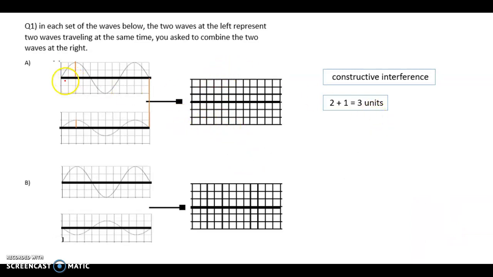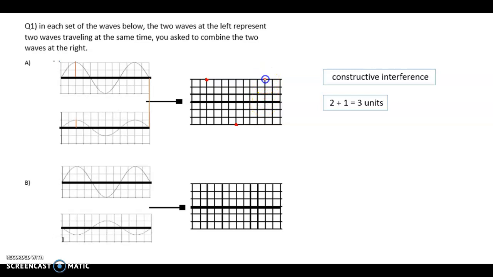How am I going to draw it? 1, 2 here. So I have to count 1, 2, and now count up 1, 2, 3. So it is here. And then 1, 2, 3, 4, and add this here. 1, 2, 3, 4.